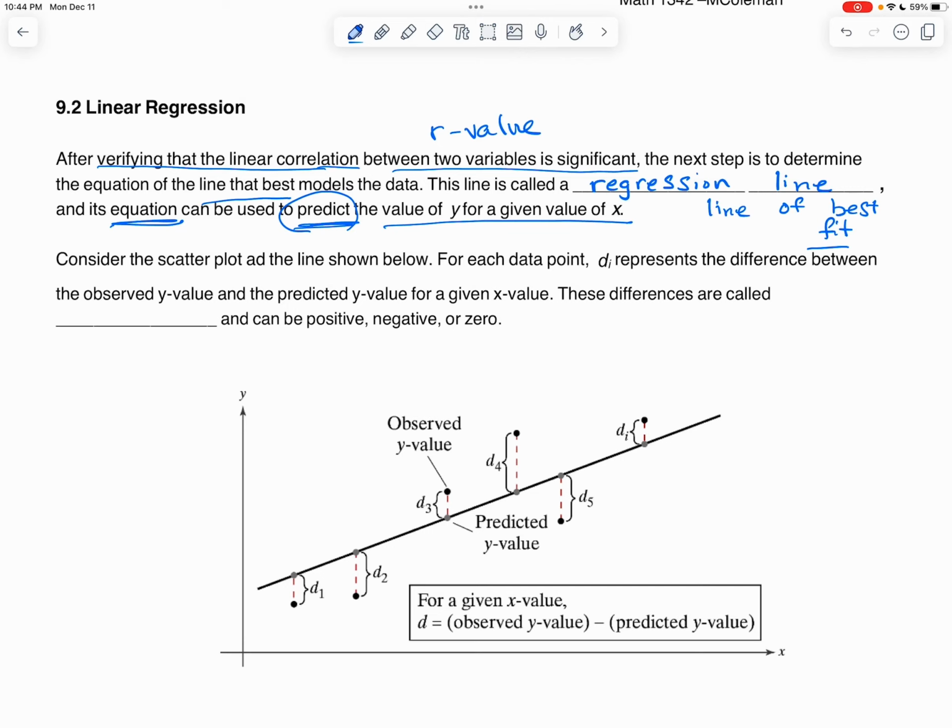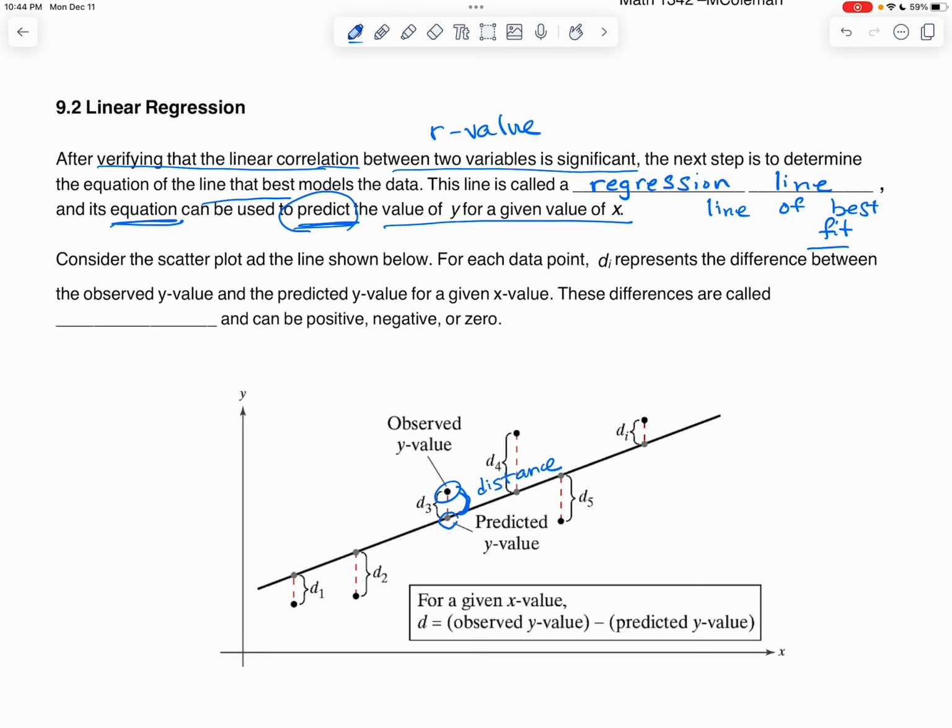So consider the scatter plot below. For each data point, d represents the distance between the observed value and the predicted y value. So basically, this is the observed value, this is where we predicted, and this is the distance between.